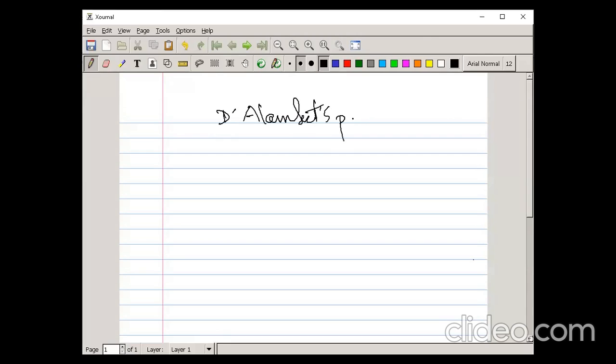We discussed D'Alembert's principle in the last class, right? Do you remember? Can anyone tell what D'Alembert's principle is? Anyone remember? Please reply at least.